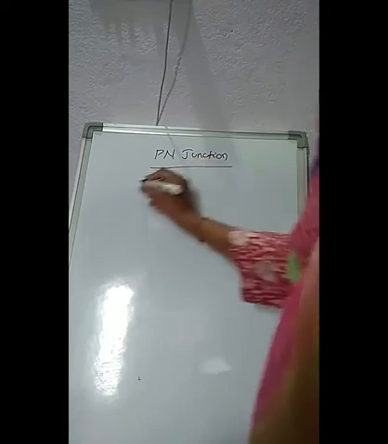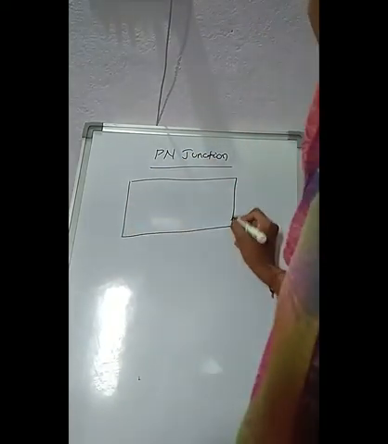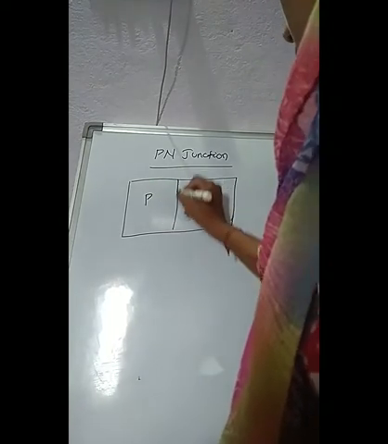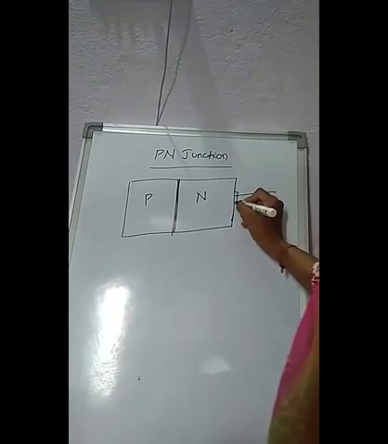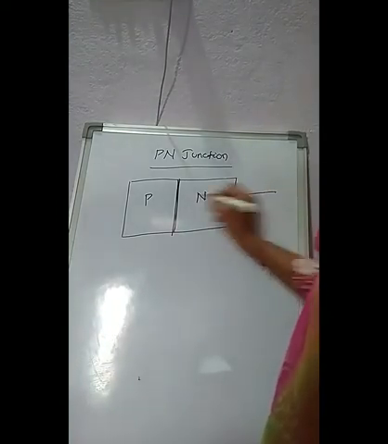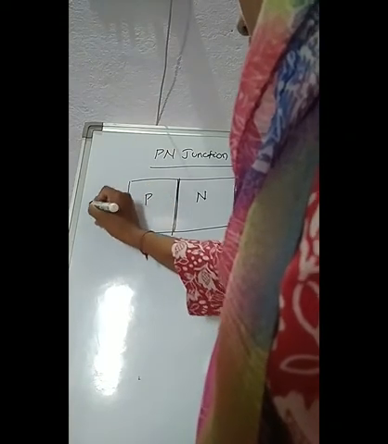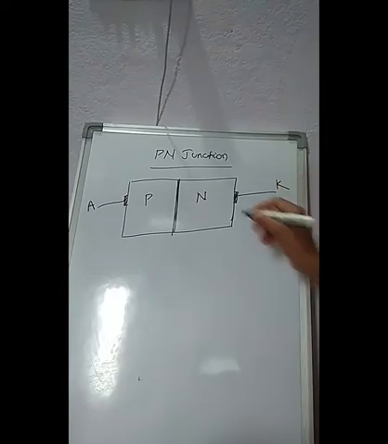PN junction. Let me draw a basic diode structure which has one P layer, one N layer. This is the PN junction. These are the terminals. This is the metallic contact. This is the terminal, this is the anode, this is the cathode.